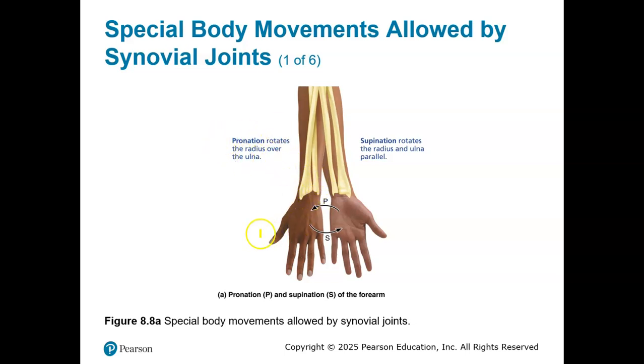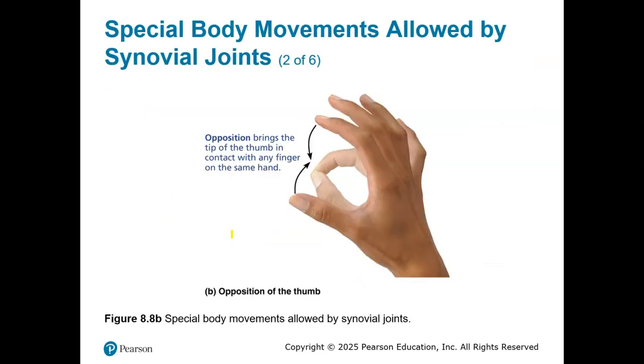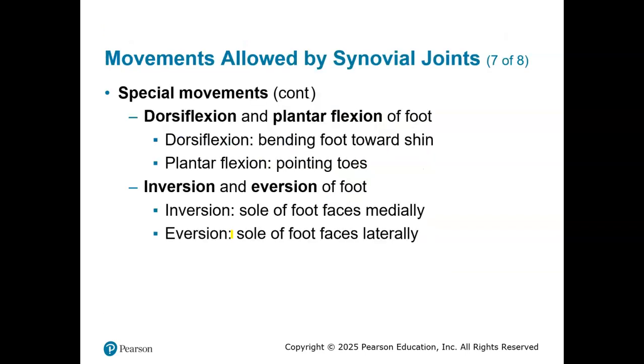If you flip it over so your palm is up, that is supination. Pronation and supination deal with your forearm, your radius and your ulna. Opposition is when you touch your thumb to the tip of any of your other fingers, and that's only something your thumb can do.